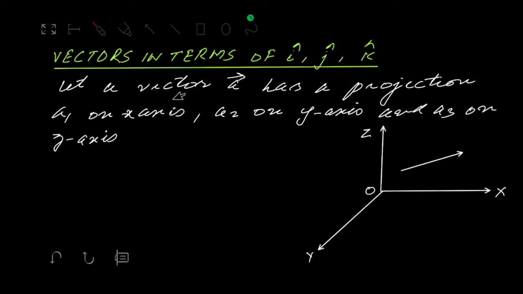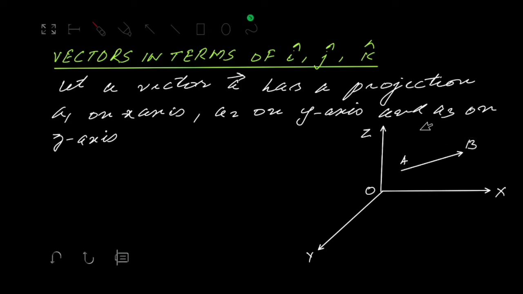So let A be a vector which has projections A1 on x-axis, A2 on y-axis, and A3 on z-axis. The projection of a vector on x-axis means, suppose OAB is a vector, A is the initial point and B is the terminal point of the vector.